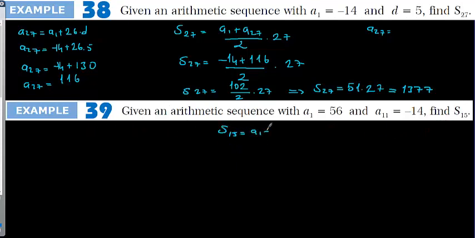A1 is given, A11 is given, and you need to find S15, because S15 is equal to (A1 plus A15) over 2 times 15, but you know A11.